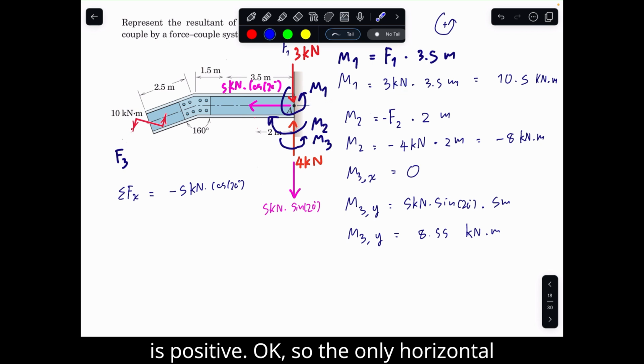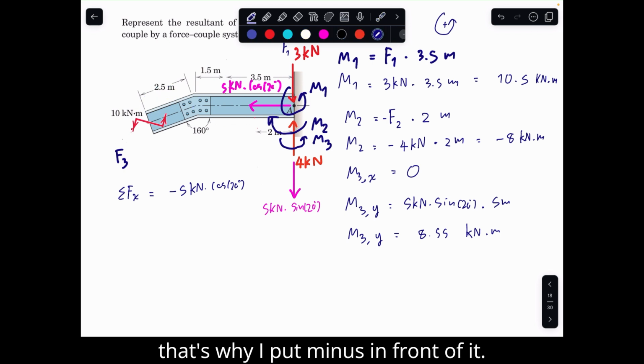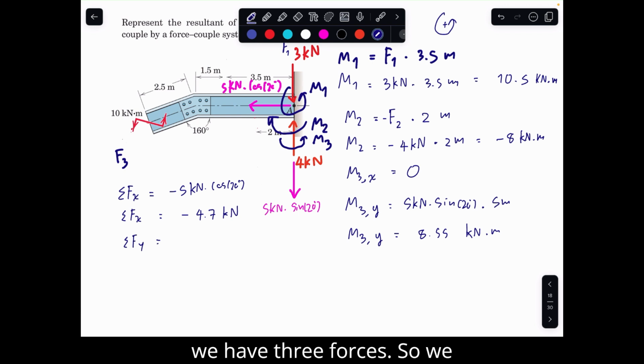So the only horizontal force acting in this system is this one, which acts toward the minus direction. That's why I put minus in front of it. Then sigma Fx will equal minus 4.7 kilonewton.